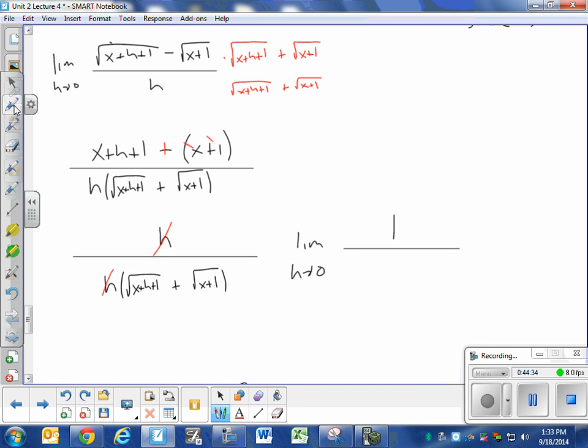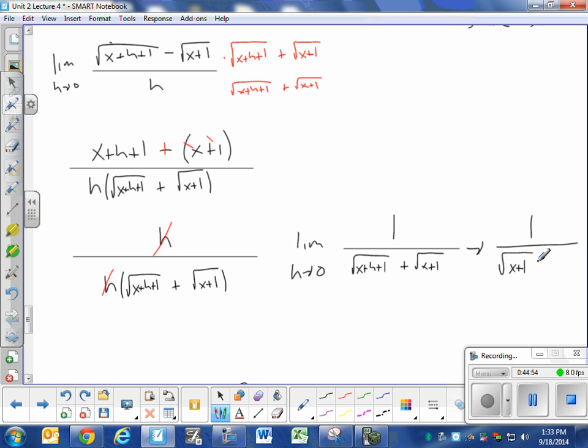And I get 1 over root x plus h plus 1 plus root x plus 1. Plug in 0. I get 1 over root x plus 1 plus root x plus 1.